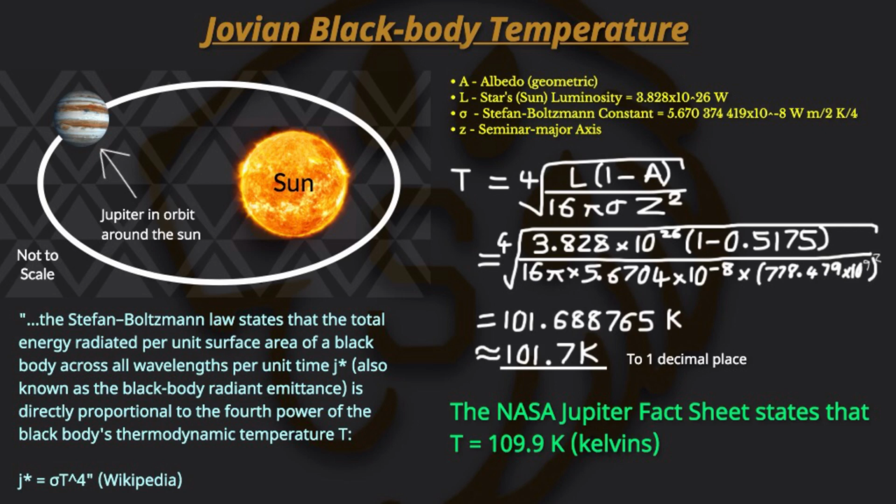In this case, the sun is a star. So we are looking at the luminosity of the sun, which is around 3.8 something watts.